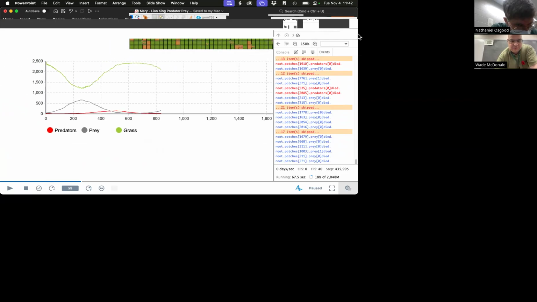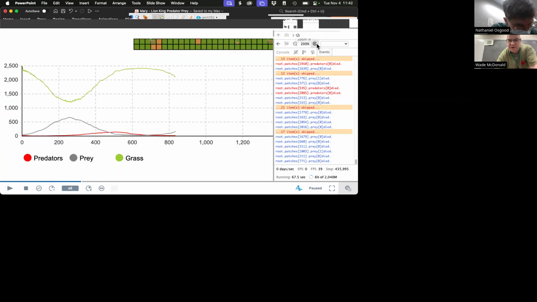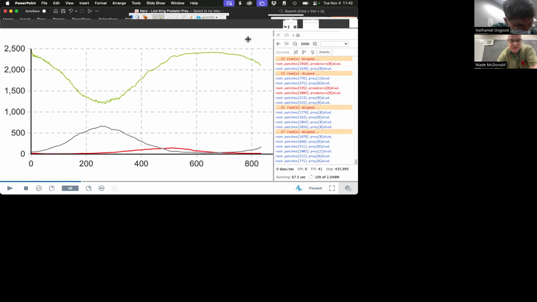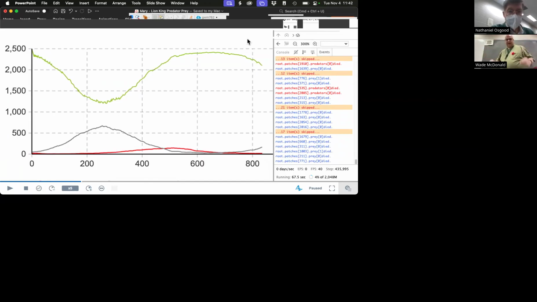So if we zoom in a bit on this time series, how does this align with the different hypotheses that we had come up with prior to letting this run? Does anyone want to comment, Pius?